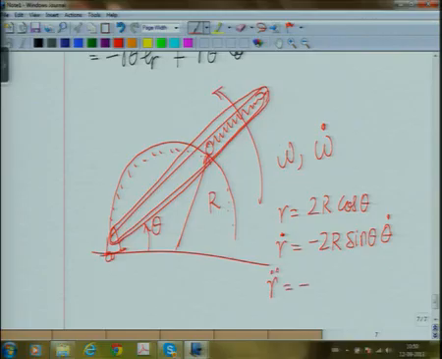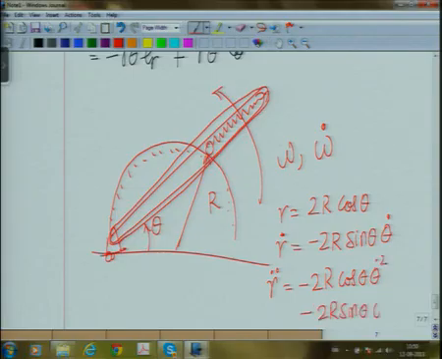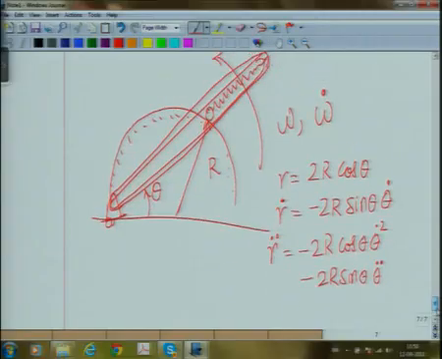R double dot will be minus 2r cos theta theta dot square minus 2r sin theta theta double dot. Then I will put theta dot is equal to omega, theta double dot is equal to omega dot.